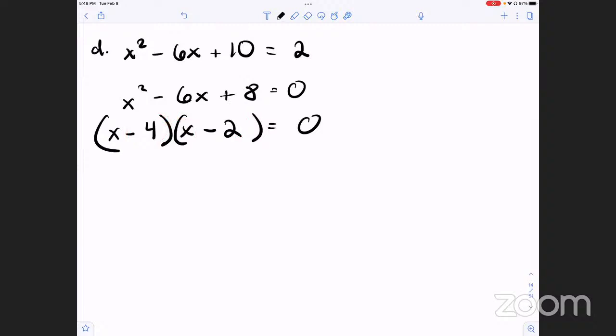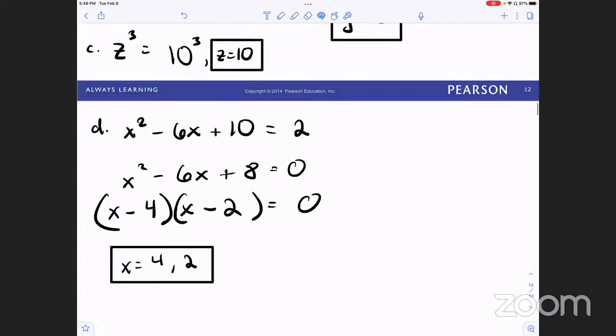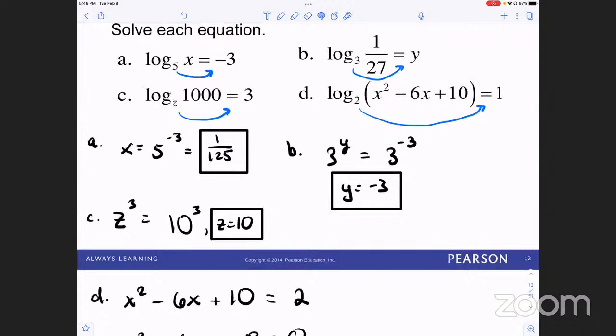We can use this technique called the zero factor property. When two or more things multiply to give us 0, long story short, you set each thing to 0 and solve. So we would get x equals 4 or 2. We can plug this in the calculator: we let x be 4, and say log of when x is 4 divided by the log of 2, and the answer should be 1.